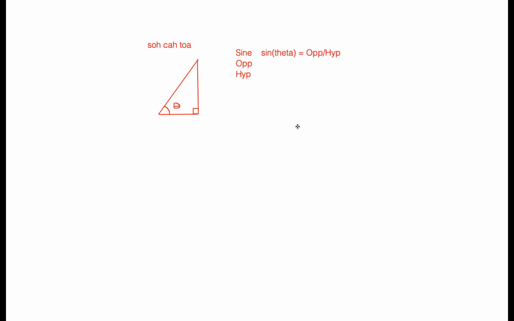What I mean by opposite is the side opposite to the angle, which in this case would be the opposite. And then the hypotenuse is the longest side of the triangle.